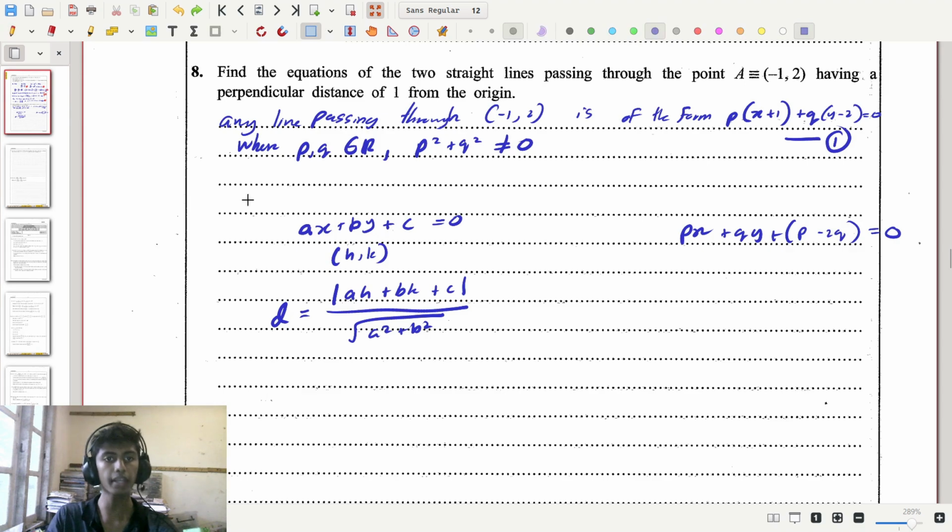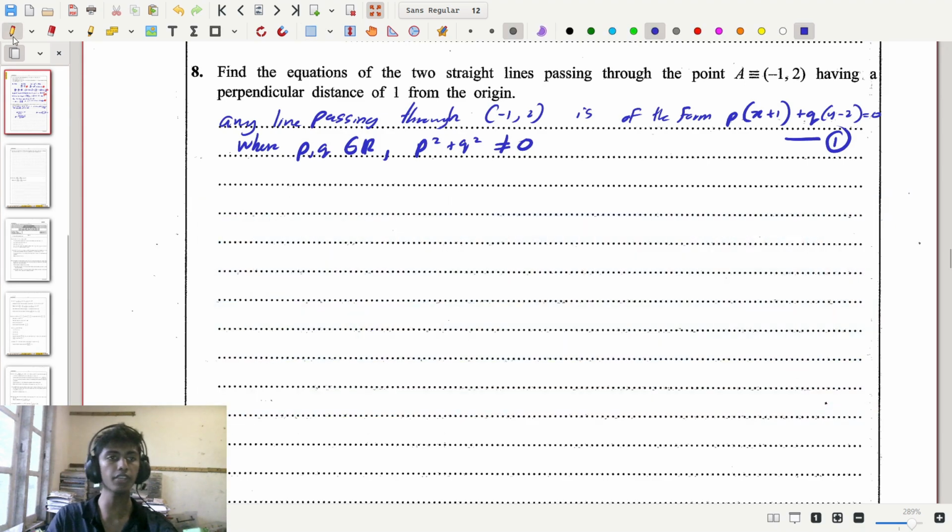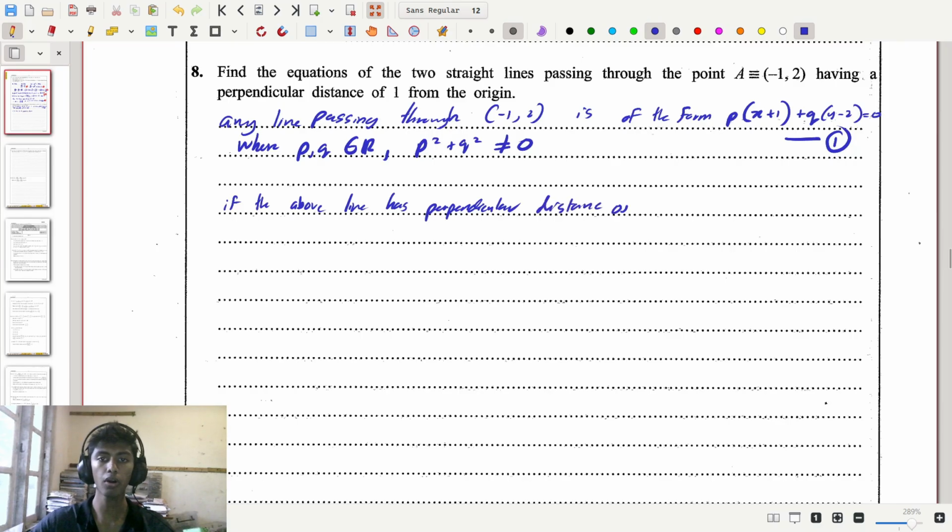Now if we do the substitution, we get that if the above line has perpendicular distance of 1 from the origin, which is the (0, 0) point, then the perpendicular distance, which is 1, must be equal to the modulus of ah plus bk plus c.